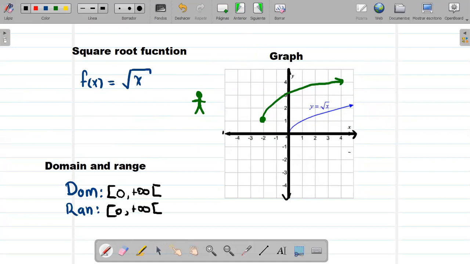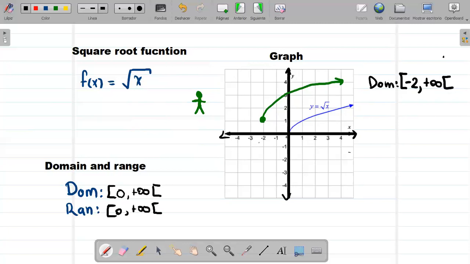So what will be the domain of this green graph we have over there? It's something different. The domain here will be all those values that start at -2, and then go and go and go and continue until infinity. So from -2 to positive infinity.